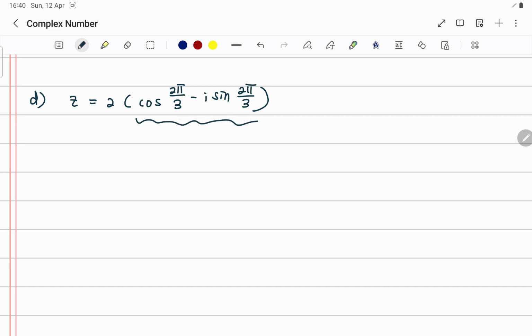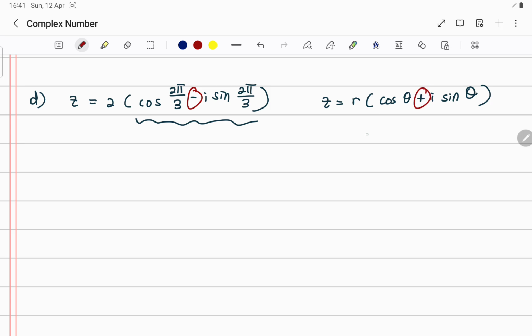It seems like this is a polar form, but the polar form is z equal to r cos theta plus i sine theta. According to our question here, it is minus. So how to do this one?